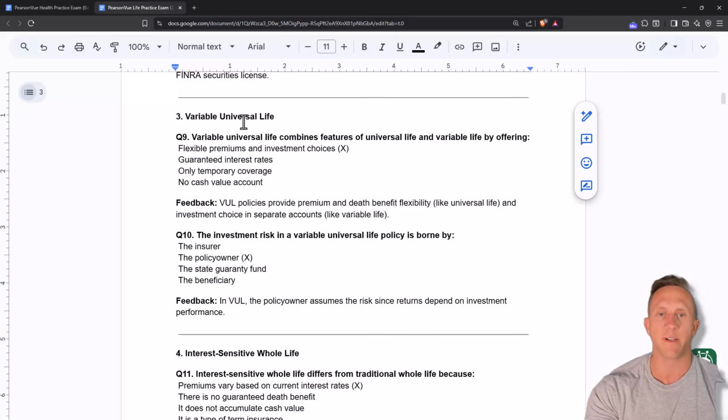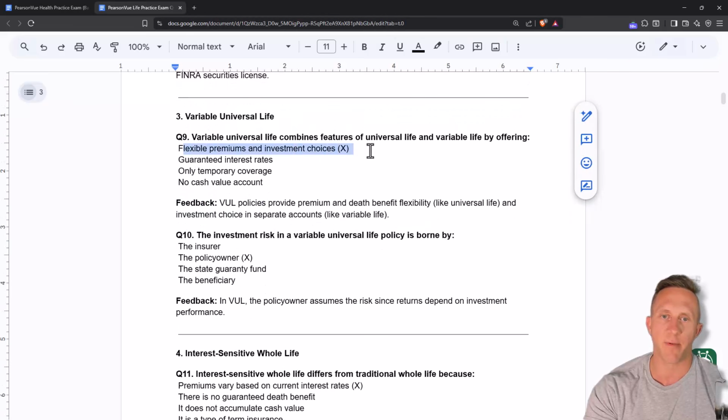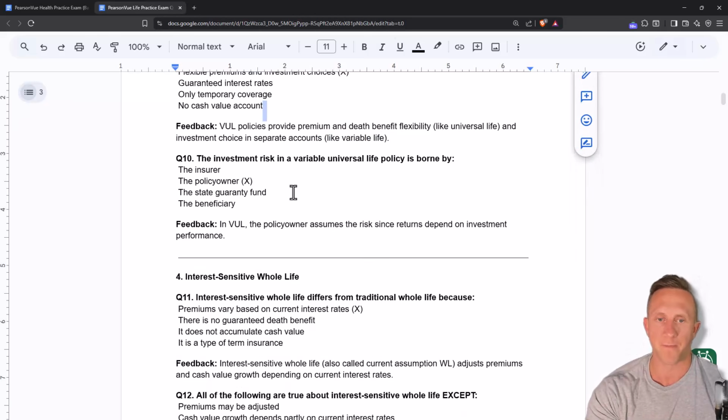Variable universal life combines features of universal life and variable life by offering flexible premiums and investment choices. VUL policies provide premium and death benefit flexibility like universal life, and an investment choice in separate accounts like variable life.